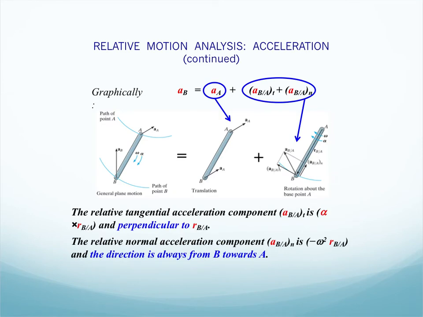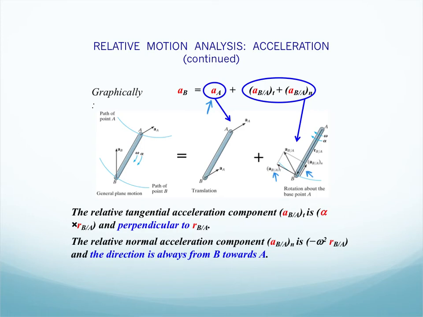The tangential component is due to the fact that the actual linkage might be rotating with an angular acceleration, and so that gives us a tangential component. But then the normal component is simply because it has an angular velocity. So we have these two components. And then, of course, the acceleration of A is just if the linkage itself is translating.